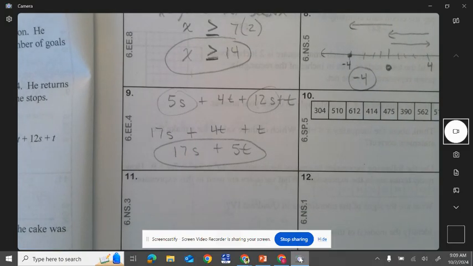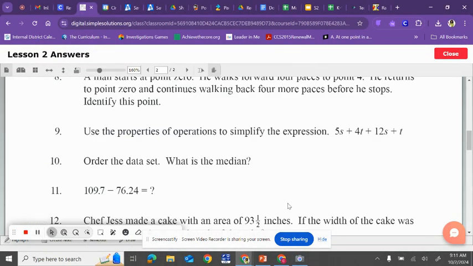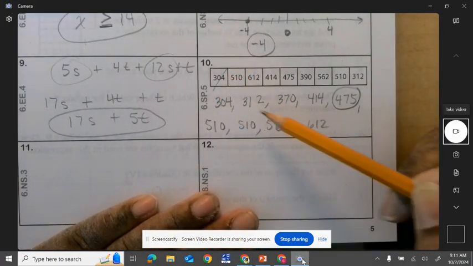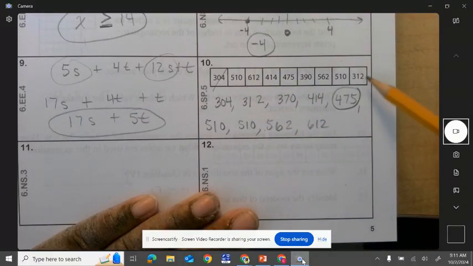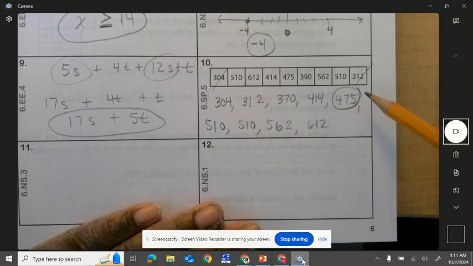All right. Now let's look at 10. This problem just requires you to be neat and organized. So you do 304, 312, 370, there is no 370.